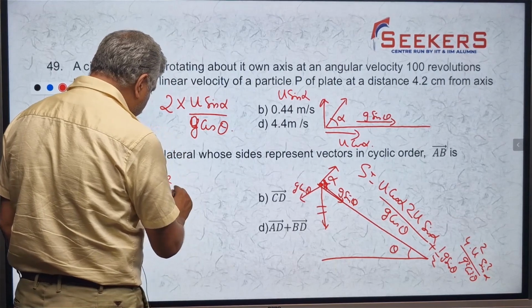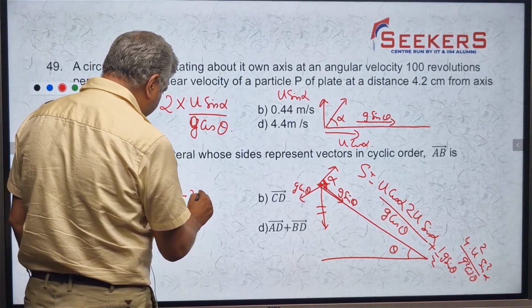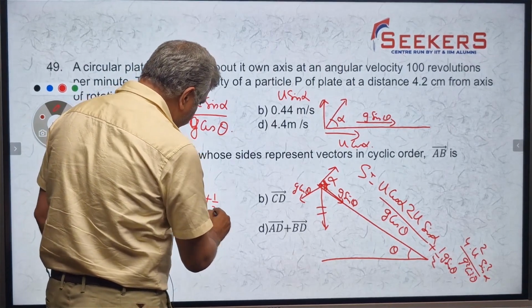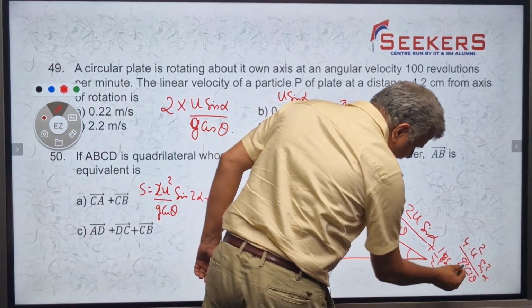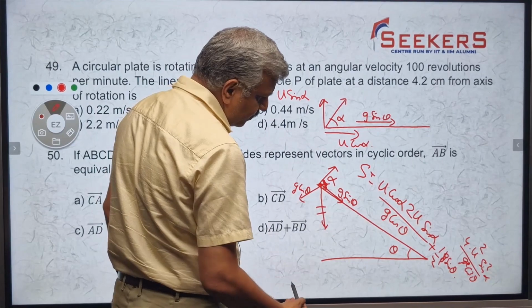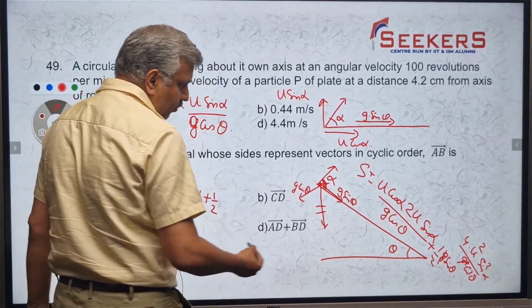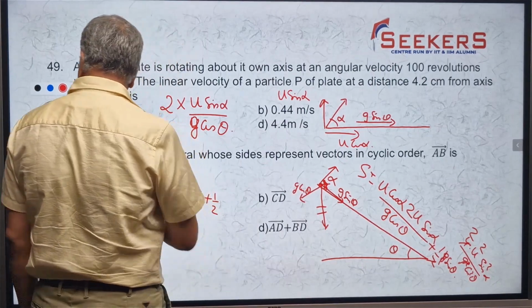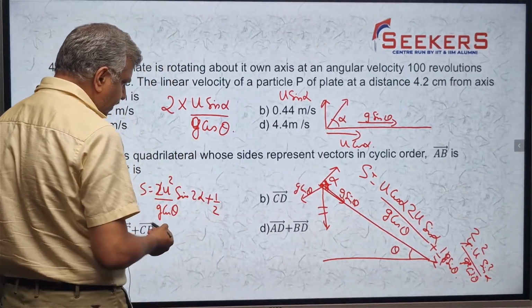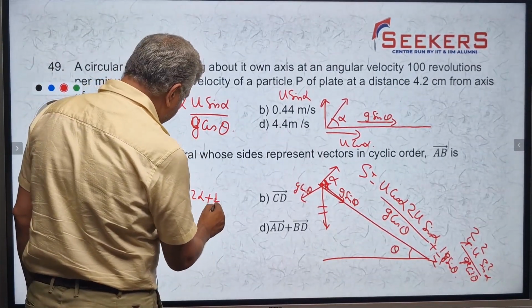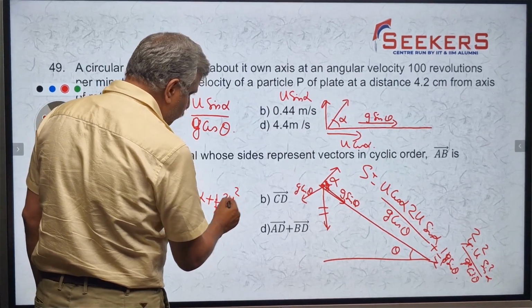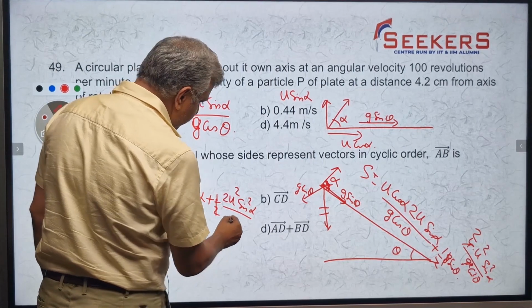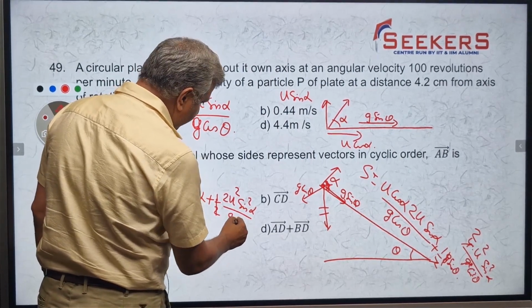So I can remove this 2 and say sin 2 alpha, plus half into, so one g and this g get cancelled. This 2 here and this 2 here will get cancelled. So this half won't come. Instead of half it will be 2 times u squared sine squared alpha divided by g cos squared theta.